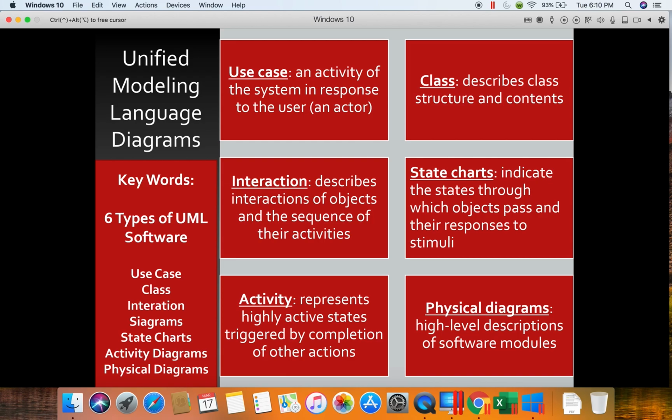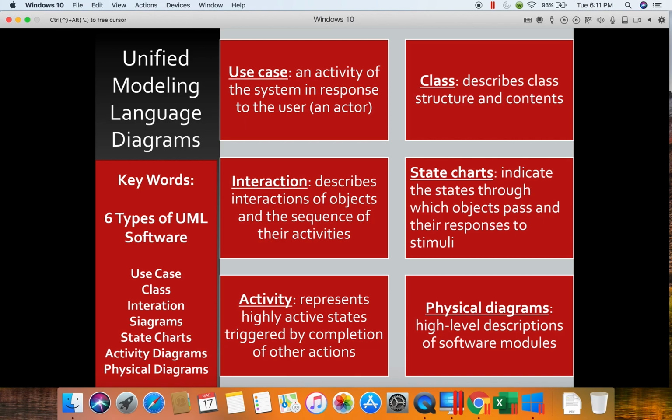The user is referred to as an actor. The use case diagram shows the communication, the relationship between the actor and the case. There can be class diagrams, which describe the class structure and content, and they use names, attributes, and methods.